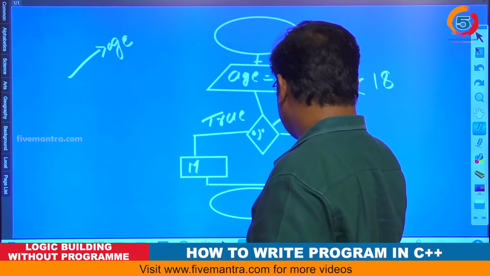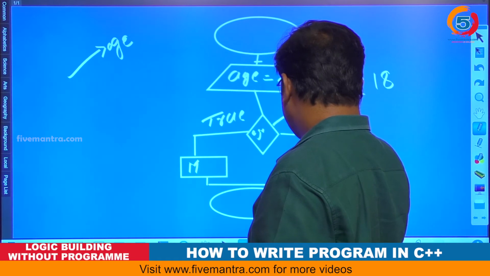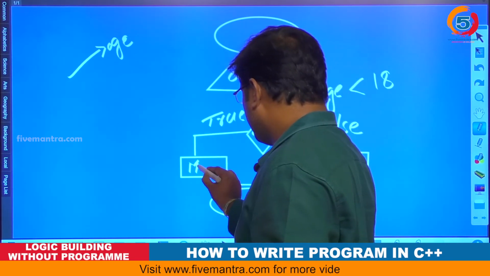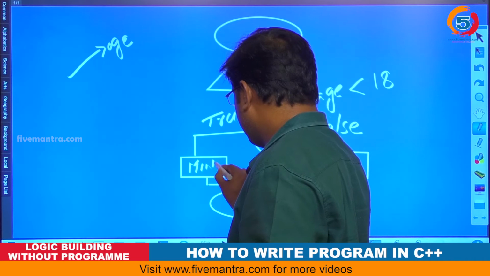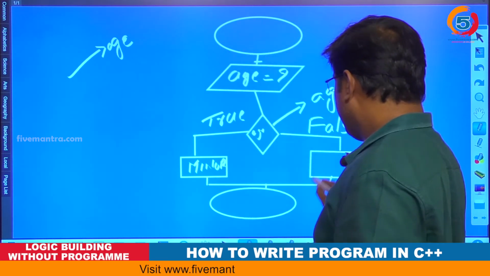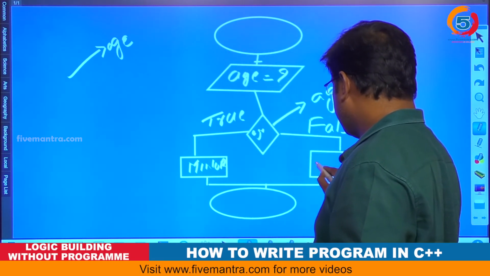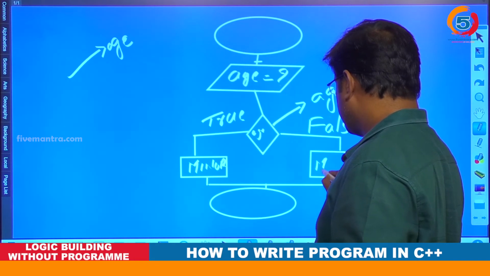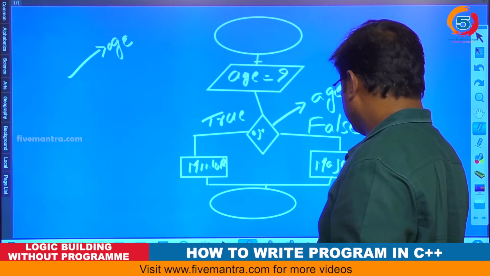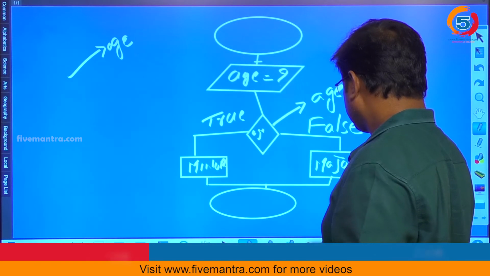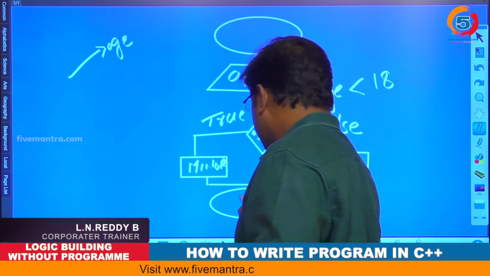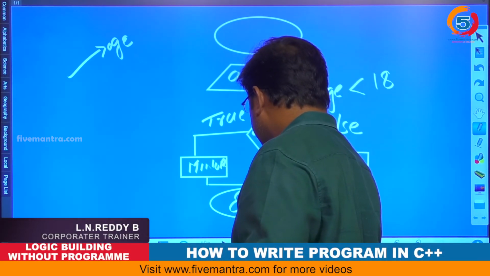Maybe it is true or maybe it is false. When it is true, he is nothing but a minor, and when it is false, he is nothing but a major, okay. Now this is the end, and this is the start.